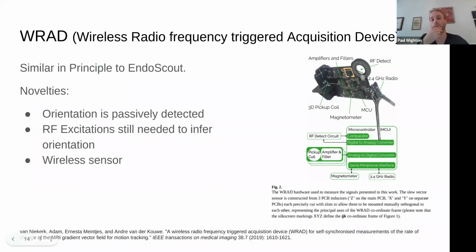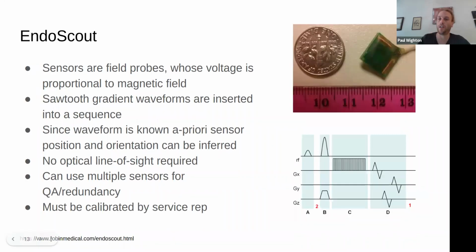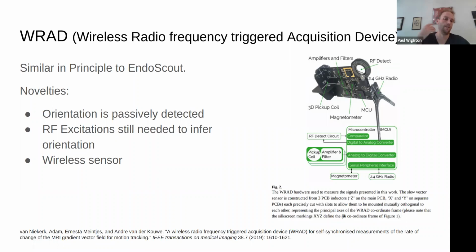This is a wireless sensor, as opposed to Endoscout, which has a little wire coming off it. That's also just a practical logistic issue. When attaching sensors to patients, wireless makes things a lot easier.